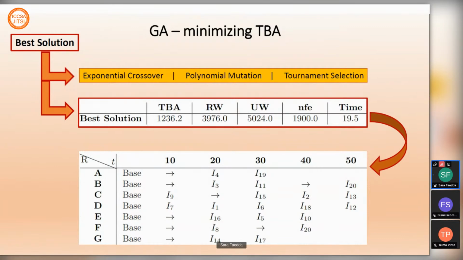When it is at ignition 4, the ignition is extinguished automatically at this time, and then at instant 32 it goes to ignition 19. Okay. And so on for the other resources. So in this solution, all the ignitions are extinguished in a maximum of 55 instants of time.